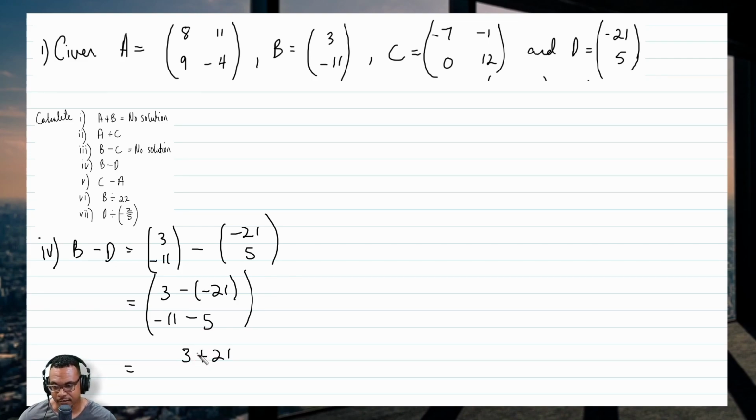But this negative 11 take away 5 is not multiplication, so you use the rules for addition and subtraction. Signs are the same, so you add but keep the negative sign, so you get negative 15. So 3 plus 21 is 24 and negative 15. Okay, so that's part 4.